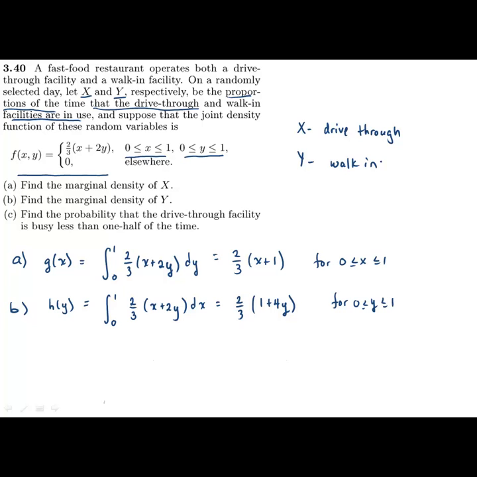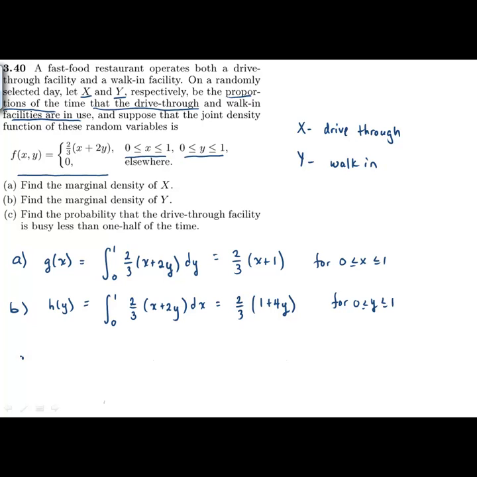So part C is asking, find the probability that the drive-through facility is busy less than 1/2 of the time. So here we are referring to random variable x, which corresponds to the drive-through facility. In order to find that probability, we have to use the marginal density function of x, which corresponds to our random variable x.